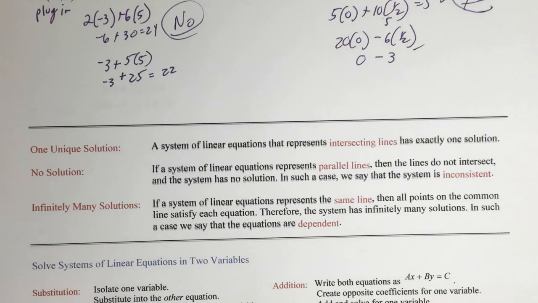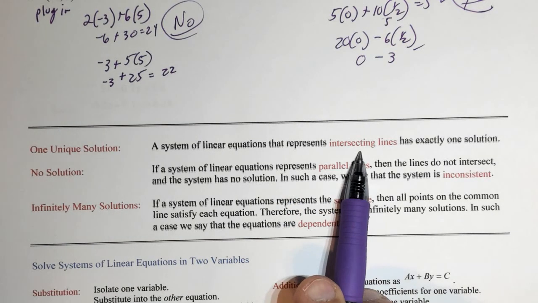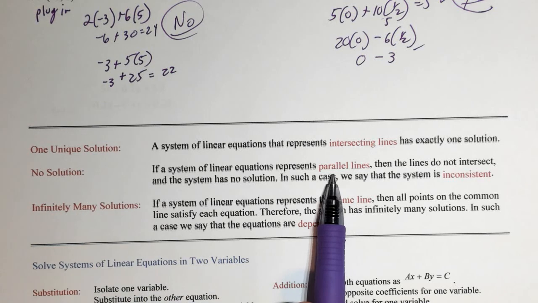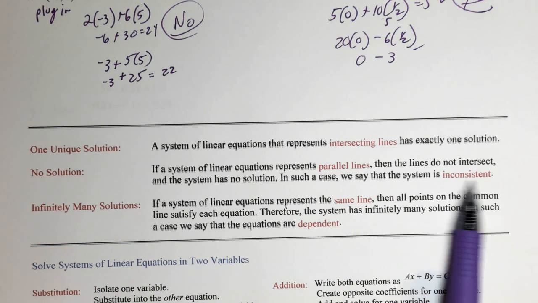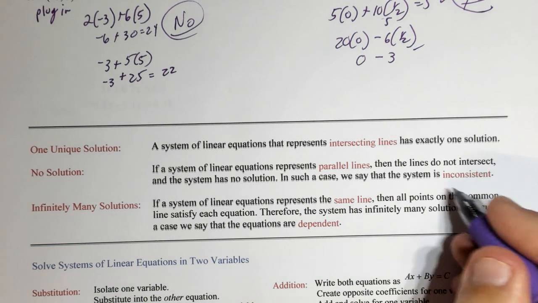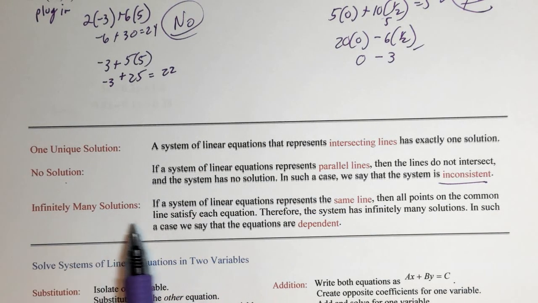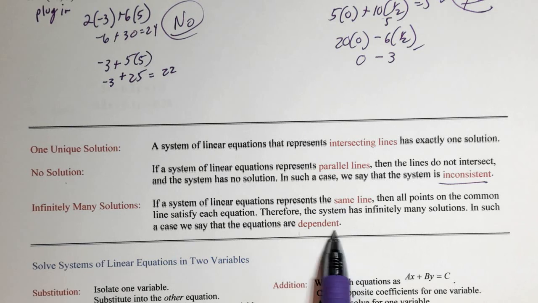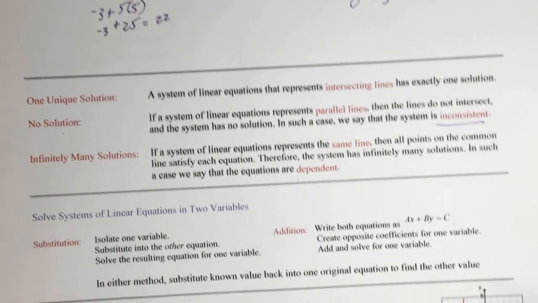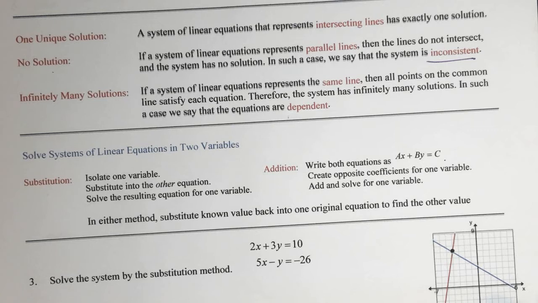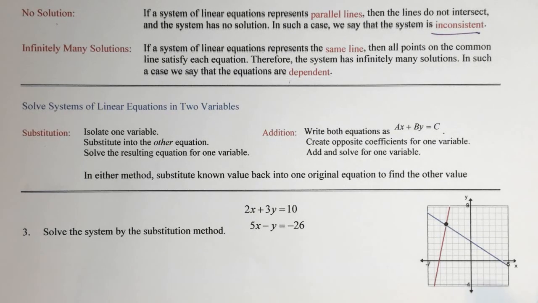Now, we talked about a second ago, you have your different types of answers. You're going to have intersecting lines, which gives you one solution. Parallel lines, which we call inconsistent, which is no solution. And then we have the infinitely many solutions, which we call dependent, those are the same lines. If you remember back in Algebra 1 and Algebra 2, you dealt with these, especially in Algebra 1.